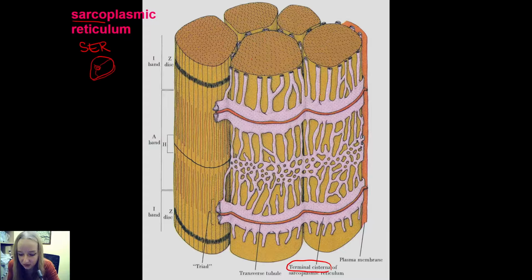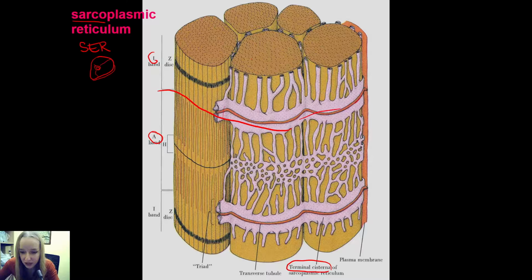It's forming this terminal tank over here. This terminal cisterna is located at the interface of the A band and I band, right here. It's at this interface.